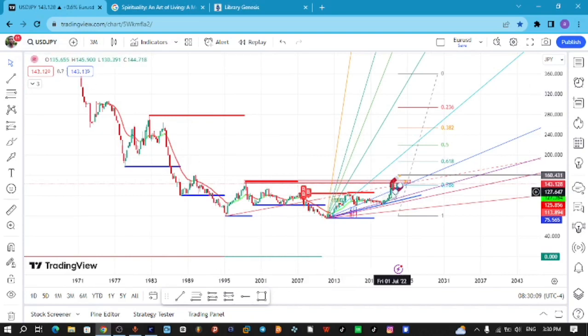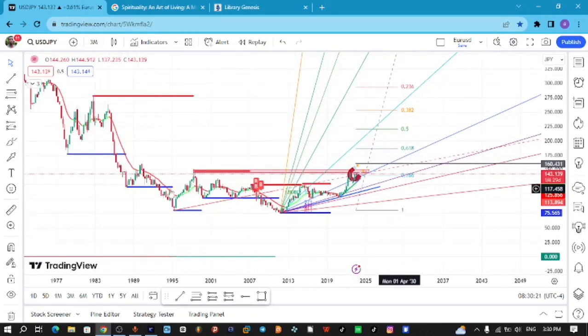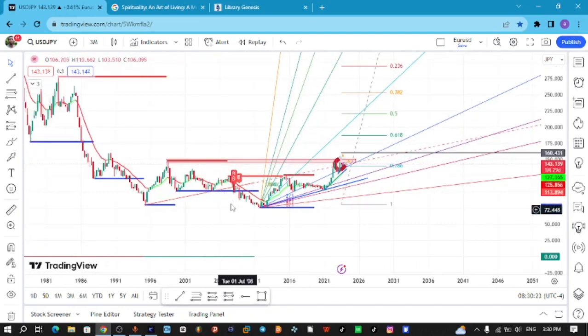When the price seeks higher and higher prices, the dollar will be stronger. On the contrary, the yen, the Japanese yen, will get weaker.